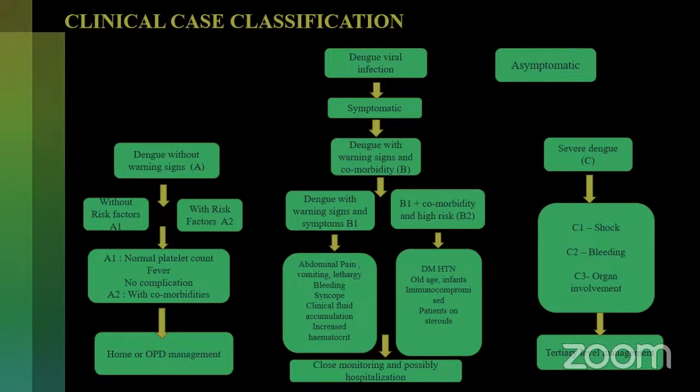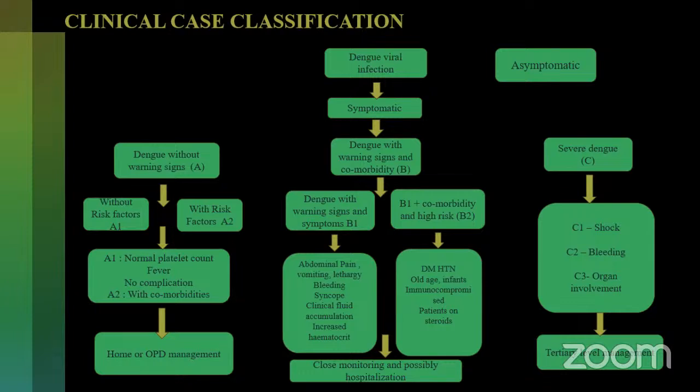Group B are the group which present as dengue with warning signs and with comorbidities. So again subdivided to B1 and B2. B1 are the patients presenting with warning signs and symptoms like abdominal pain, bleeding, lethargy, any syncope, clinical evidence of fluid accumulation as we discussed, and also increased hematocrit.